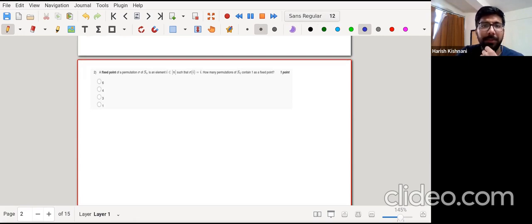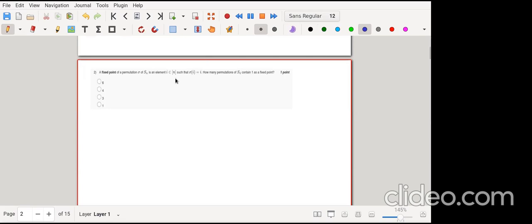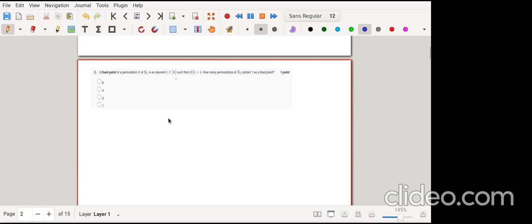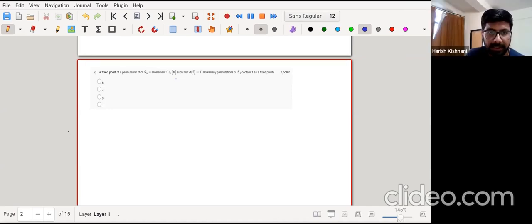Any quick guesses maybe? 6. Six. Yes. And how did you come up with that? I mean, we have three slots. Like one is fixed. We have three possible slots, and it's 3 into 2, 3 factorial. Yeah.